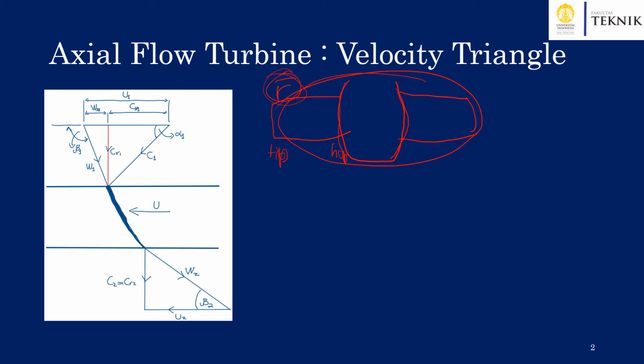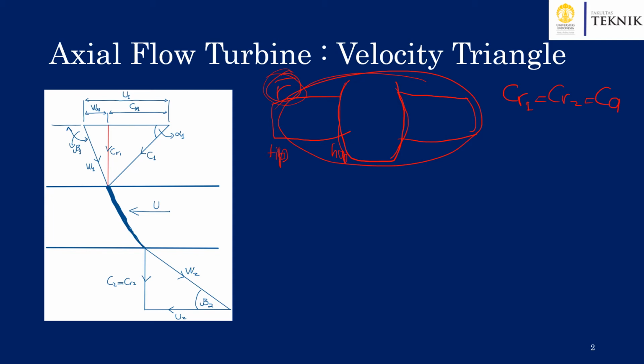So now let's have a look at the velocity triangle itself. As we know that the flow between the inlet and outlet in any axial flow machinery is identical, therefore the first assumption that we need to make is that the radial component CR1 is equal to CR2 and it's equal to Ca.